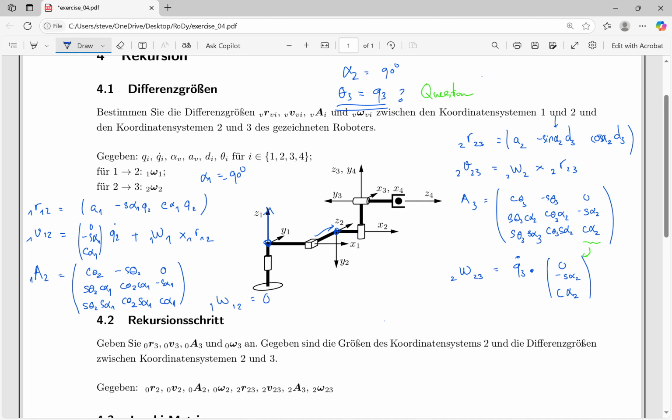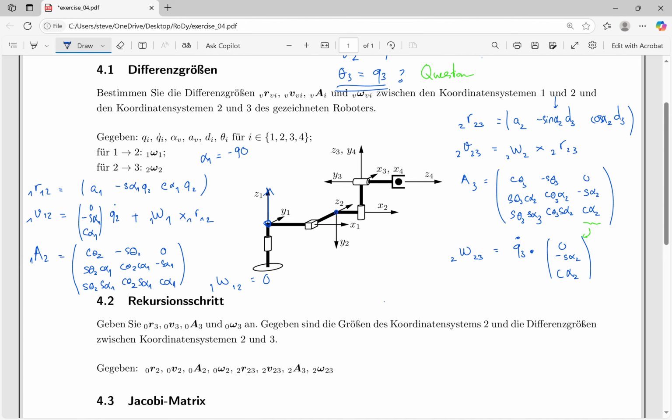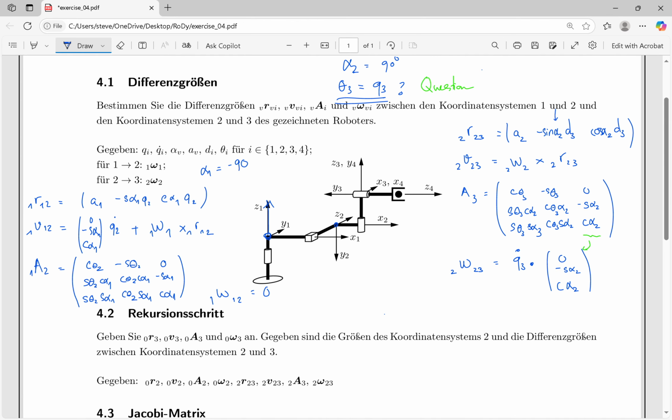Actually, it's q2 because alpha 1 is negative 90, and sine of negative 90 is negative 1, and that combines with the negative sign here to come out positive.